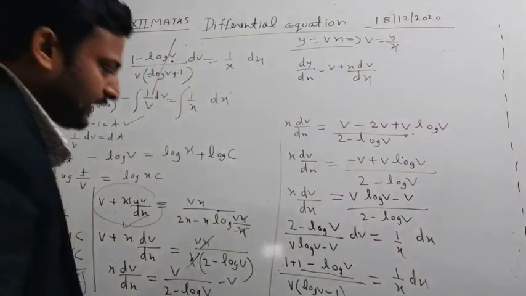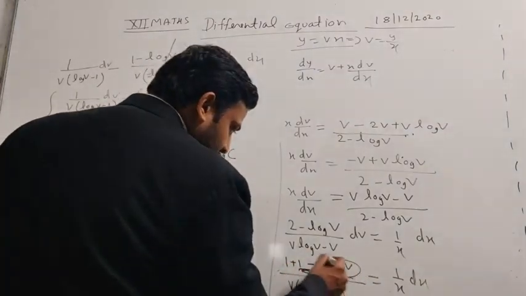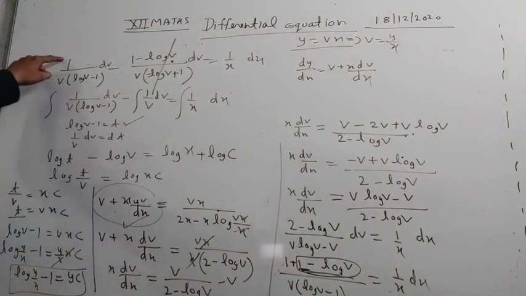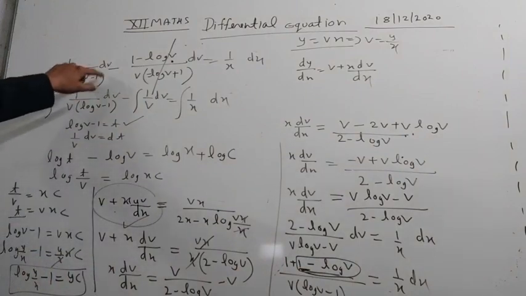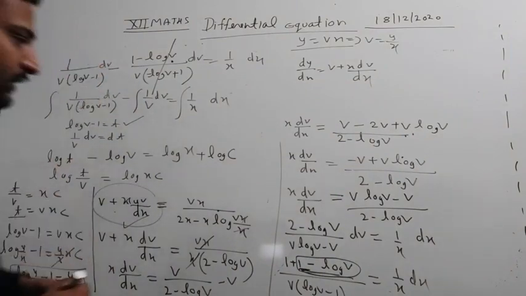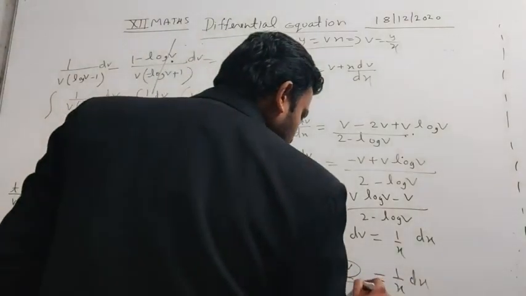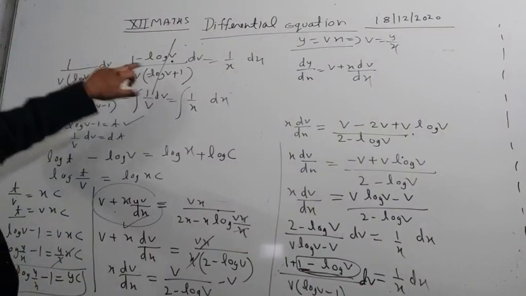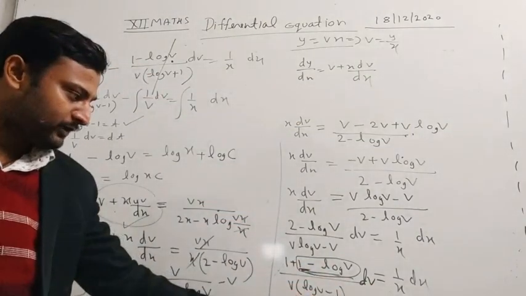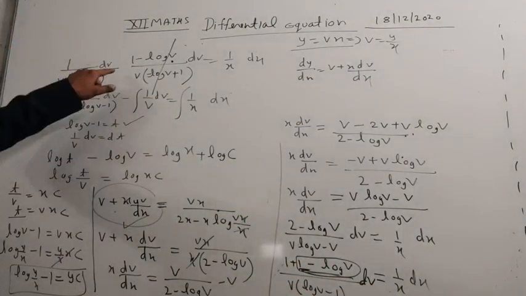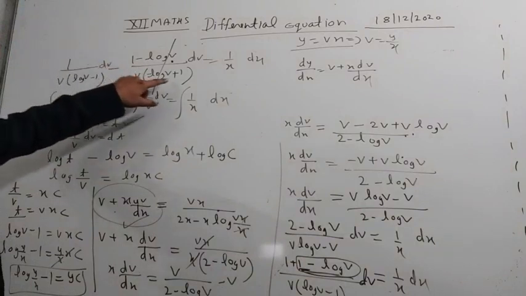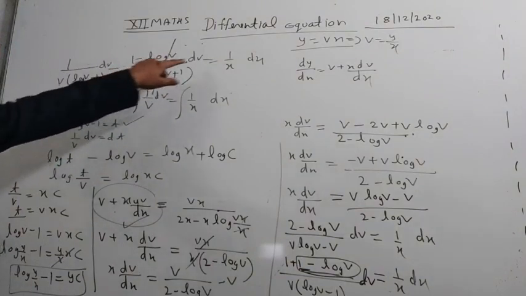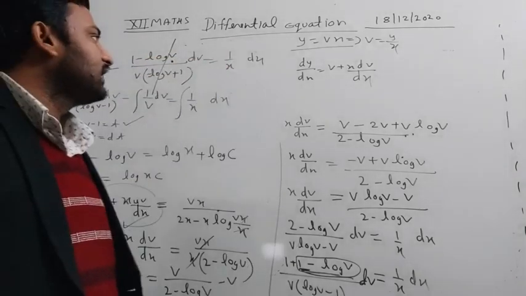Now student, we are taking this part separating here, so we are getting 1 by v log v minus 1 dv, and the second part is 1 minus log v by v log v minus 1, taking the minus sign outside, the sign will be changed and numerator and denominator will be the same, leaving dv, which is 1 by x dx.